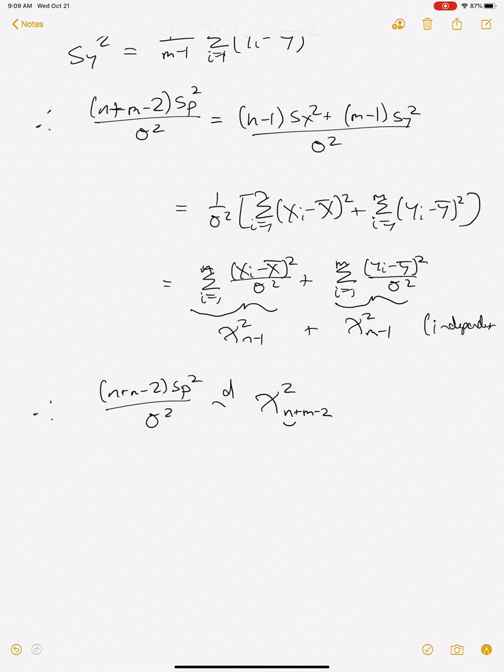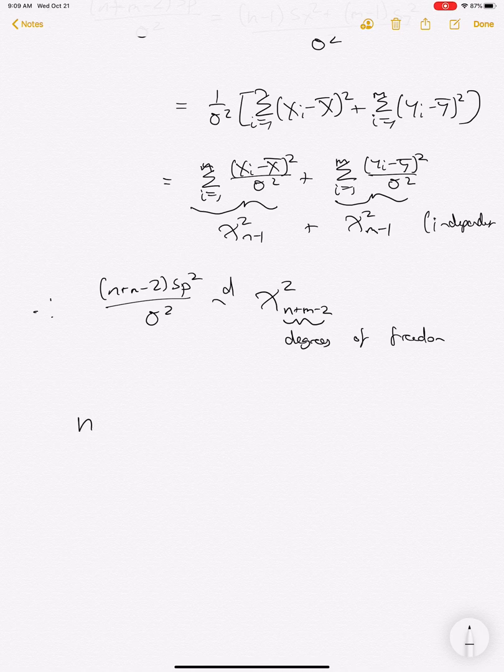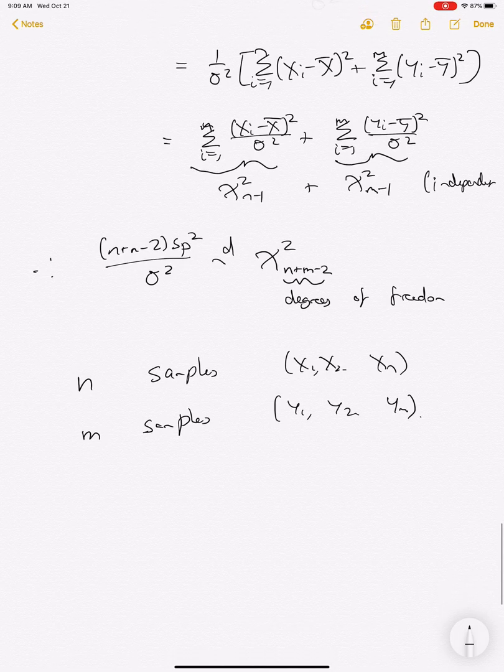So the interpretation is that you have n samples x1, x2 up to xn, and then you have m samples y1, y2 up to ym. And that's therefore n plus m degrees of freedom.